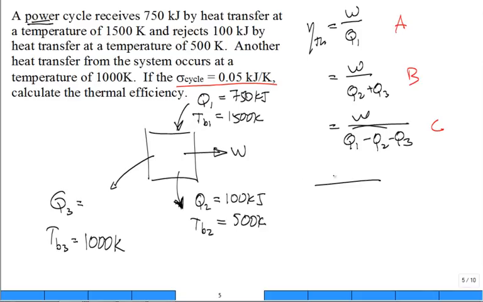It's what you desire over what you have to pay for. What it costs. Desire over cost. What do you want out of a heat engine? Work. That's good. All three answers had the work in there. But what did you have to pay for? Q in from the high temperature source.